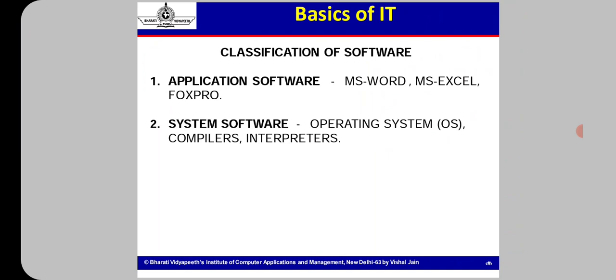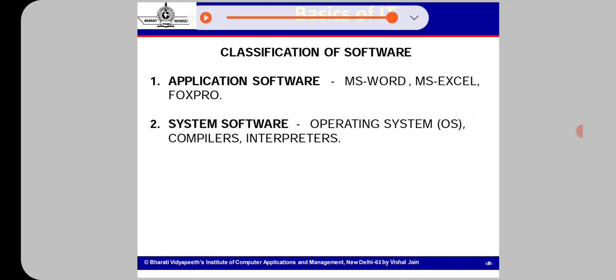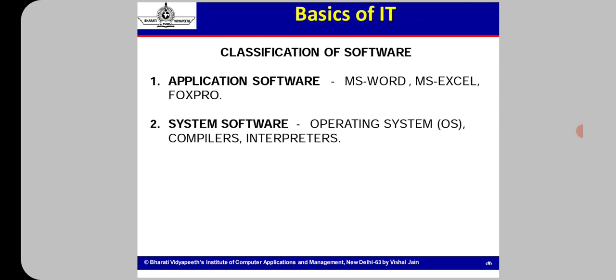MS Excel is spreadsheet software, and Fox Pro and Oracle are database software. So many kinds of application software are used, like word processors such as MS Word, spreadsheets such as MS Excel, presentation software such as MS PowerPoint, database software like Oracle and Fox Pro, and graphic software like MS Paint and others.